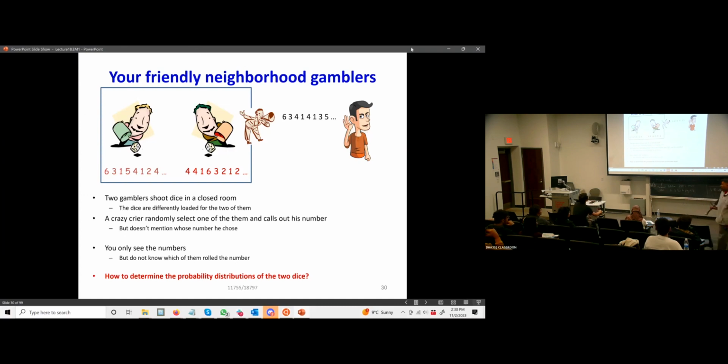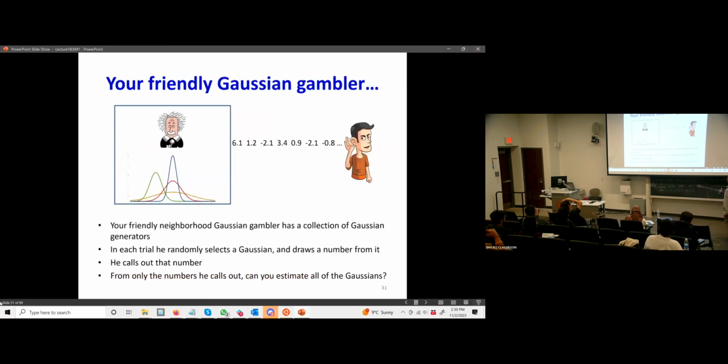Now, as I keep going down this line, this begins to look more and more challenging, to say the least. Or even worse, I've got a bunch of guys sitting with Gaussian distributions inside the room, and then I have the crazy man at the door. At each turn, he just picks one of the random Gaussians and draws a number from it, and he just calls out these numbers.